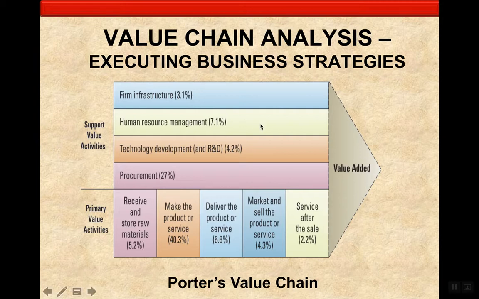Human resources is a supporting activity. Also technology, R&D, information technology, procurement. All these things are not directly in the value chain. They're not primary value activities. They are support activities. That doesn't mean they're not important, but you qualify against whether it is value adding or supporting.